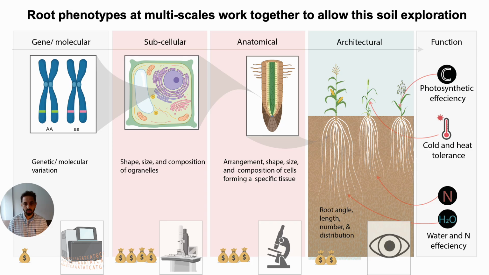And now as an outlook, I wanted to mention some of the other things my lab is working on, where we try to link multiple scales, starting with the gene to subcellular to anatomical phenotype. You saw that example for linking vacuole to the cell size, and then architecture being root depth, angle, and other things, and function being heat stress, drought stress, and low fertility.